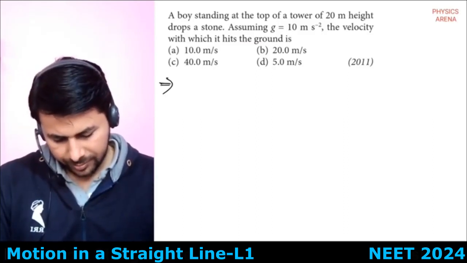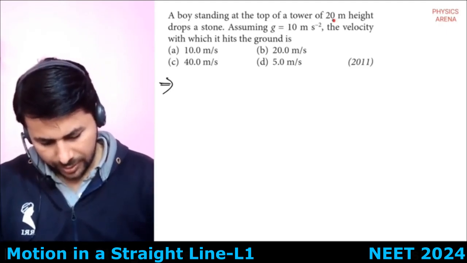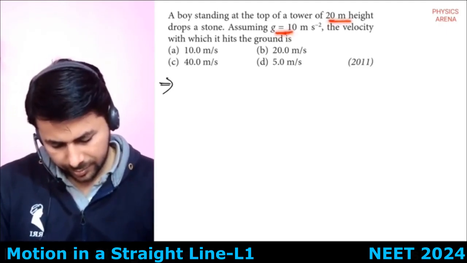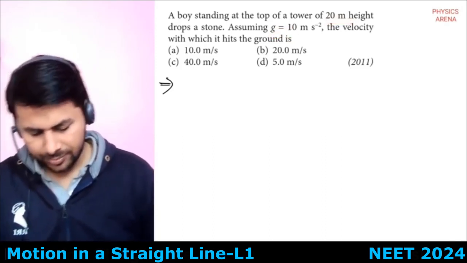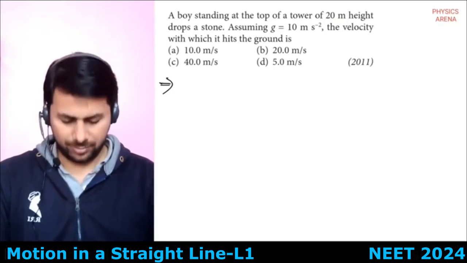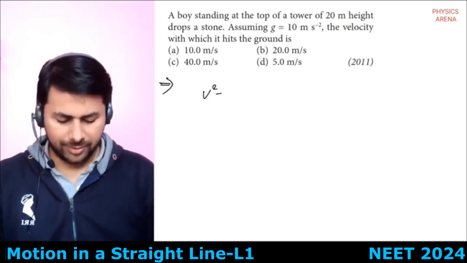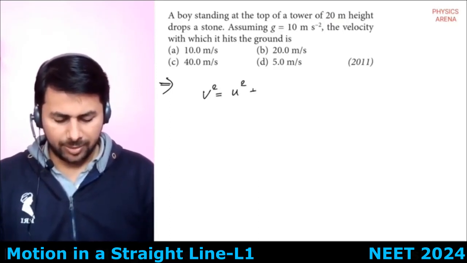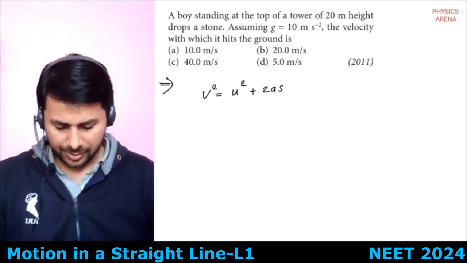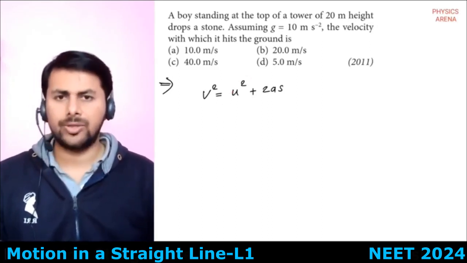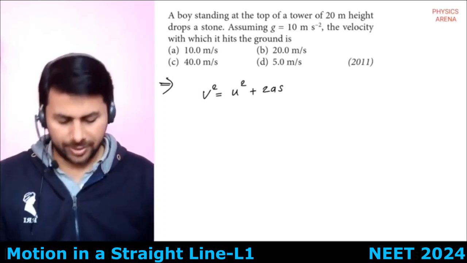Tell me. Option B. Okay, so height is given and g is given. So which formula? Right, v square equals u square plus 2as. But u will be equal to 0 because it just drops it.